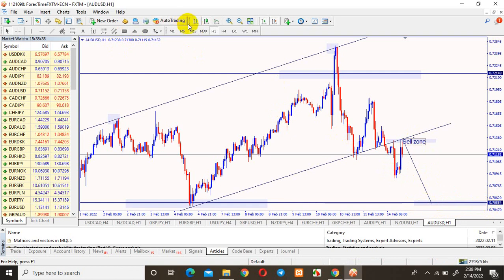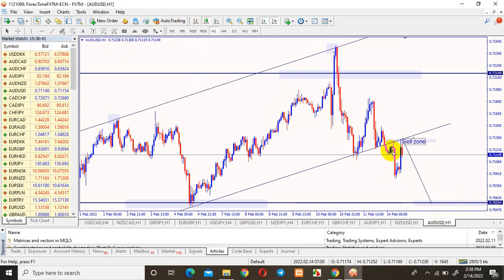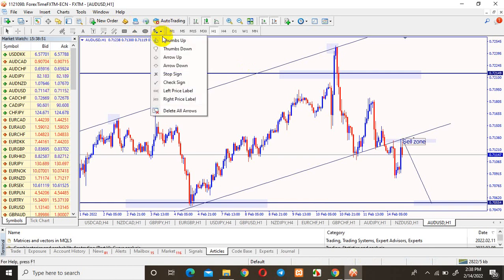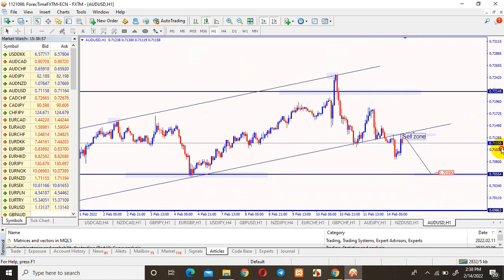Which is around 0.7050. Let me keep it right. So we'll notice these are the first targets, 70.50.